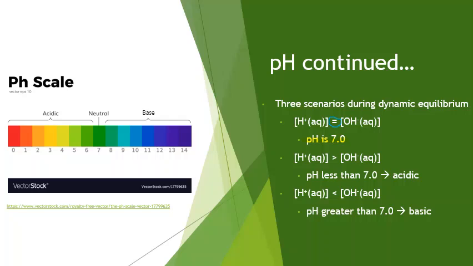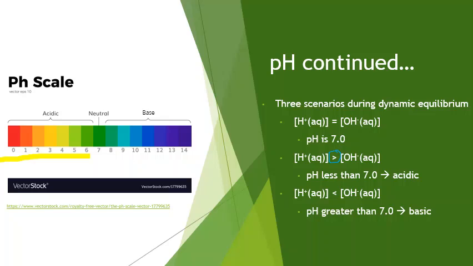Now, if we move on to acid, what you'll notice is that here, the amount of hydrogen atoms is greater than the amount of hydroxide atoms. It seems very counterintuitive considering that the pH on this side here is smaller. Remember that we are working with a logarithmic scale.